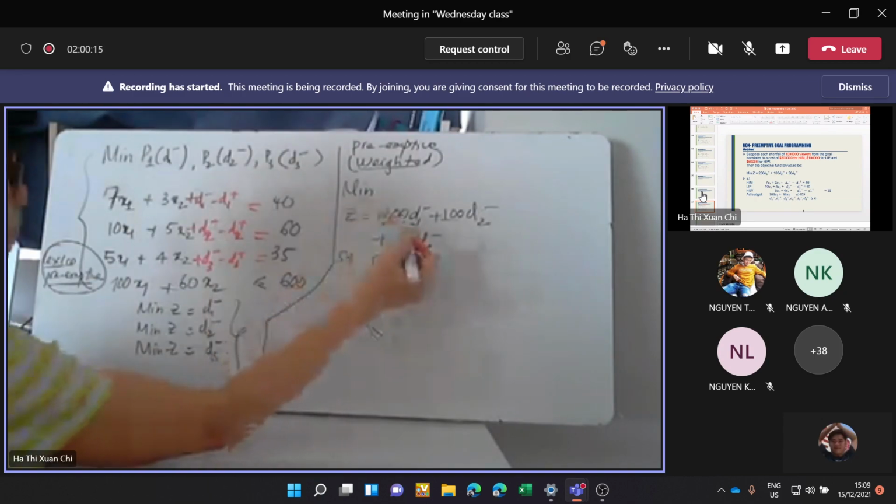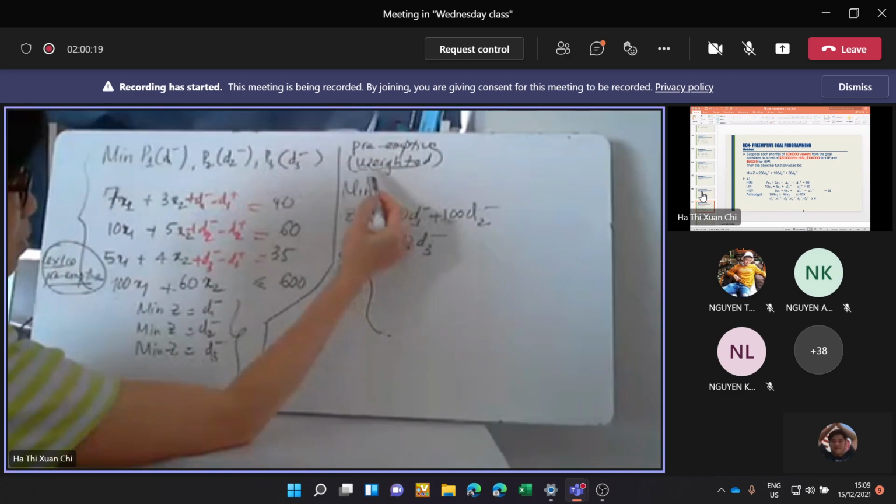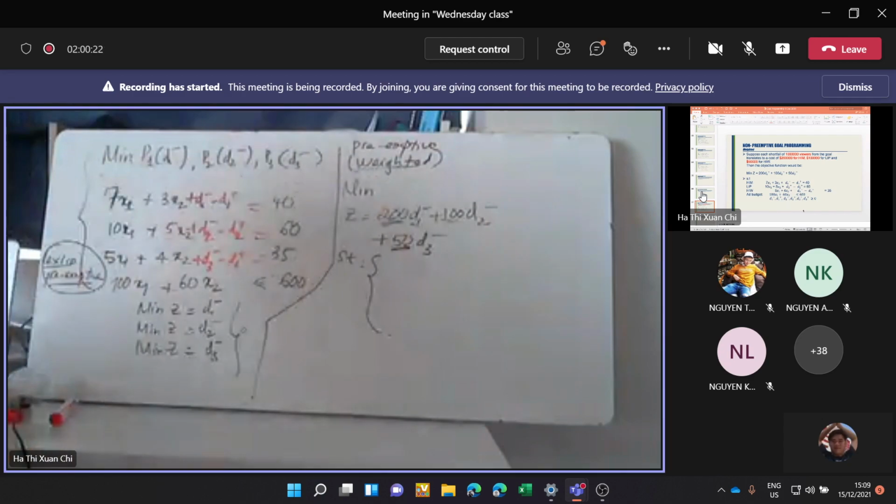So when you have the penalties, you can use the weighted goal programming.